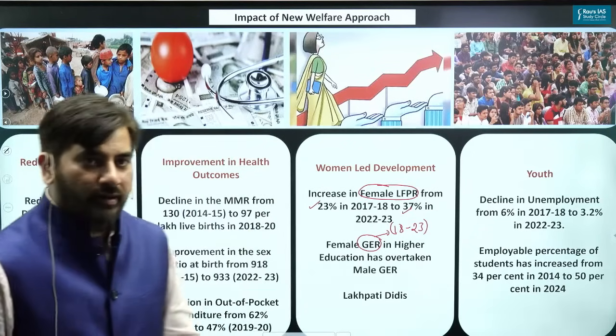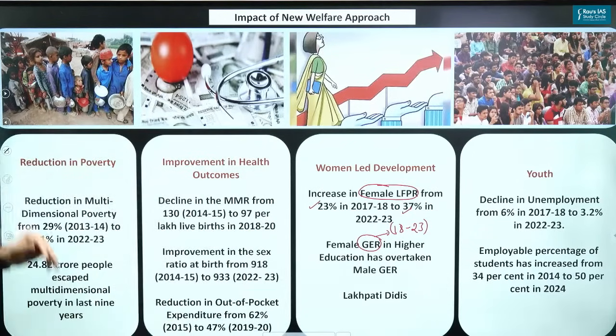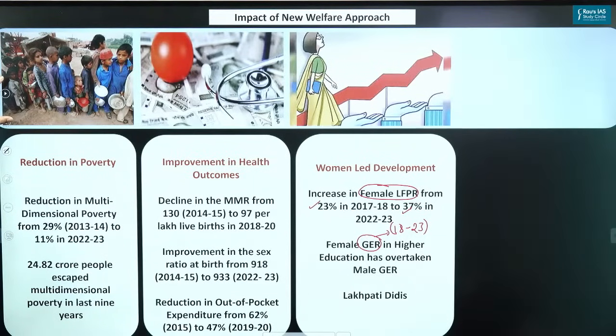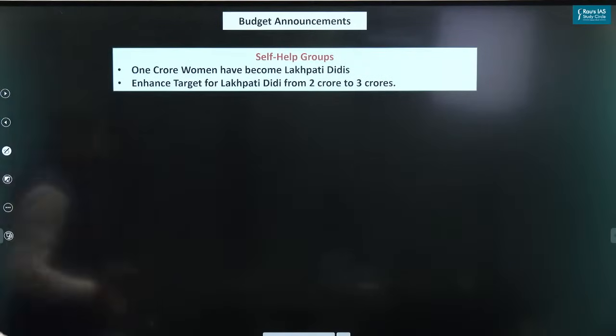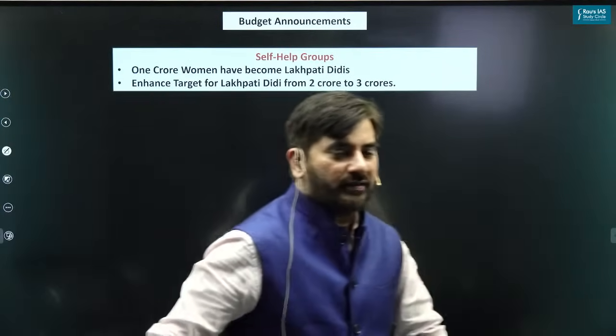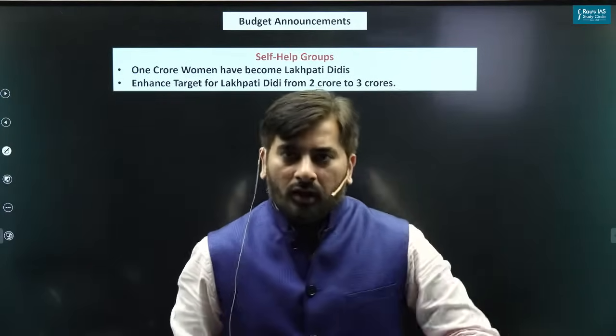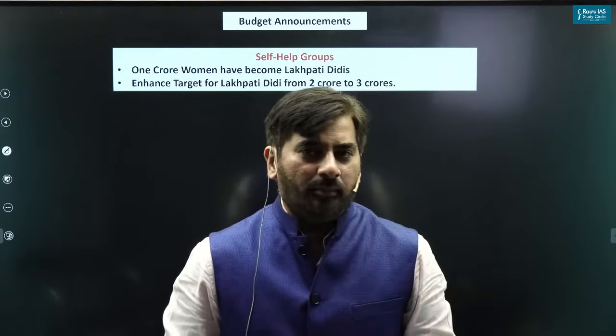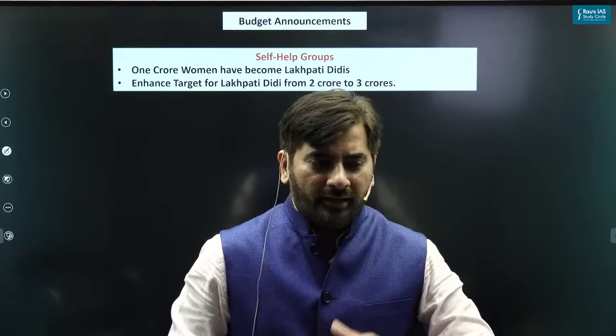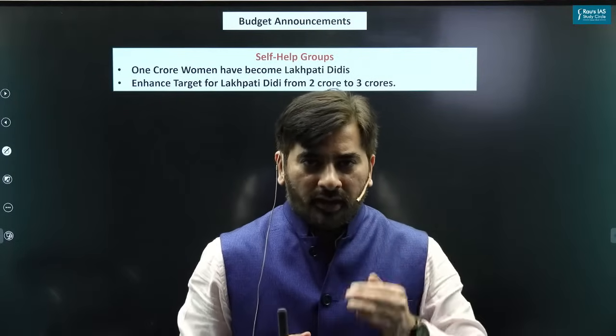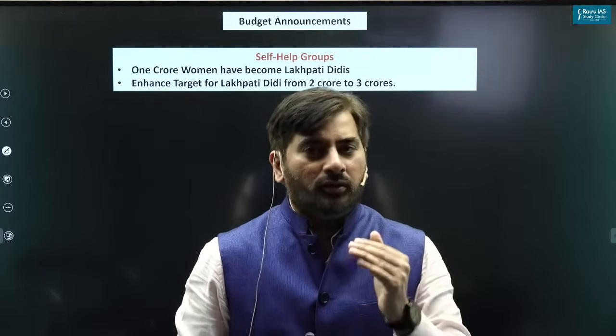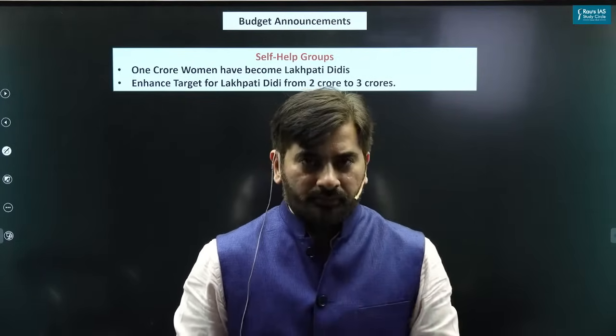So this is what is inclusive growth and the impact of the new welfare approach. So taking this forward, now let's come to the budget announcements. We all know that the government is implementing a scheme called Deen Dayal Antodaya Yojana, National Rural Livelihood Mission.